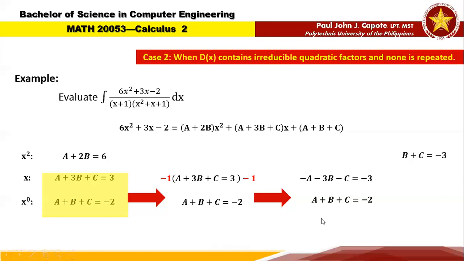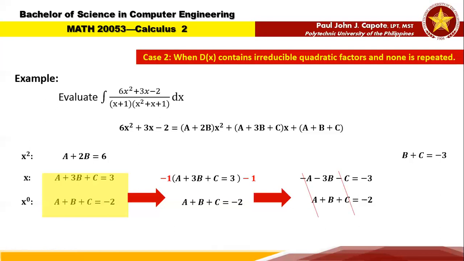And so let's continue. Now I will add the terms of the second equation to the terms in the third equation. Notice we have -A in the second equation, +A in the third equation. So these guys will be eliminated.